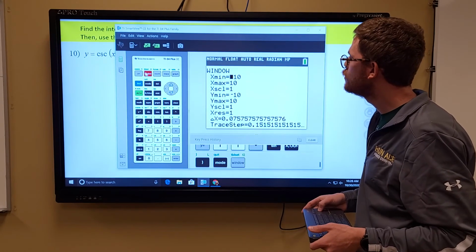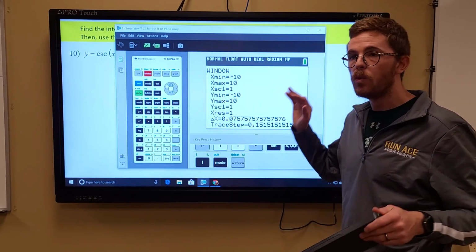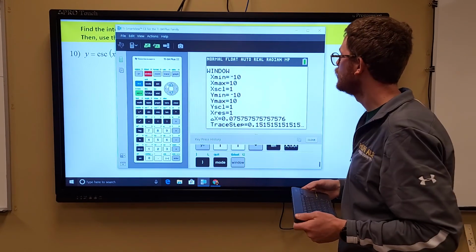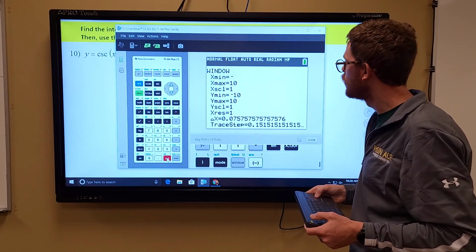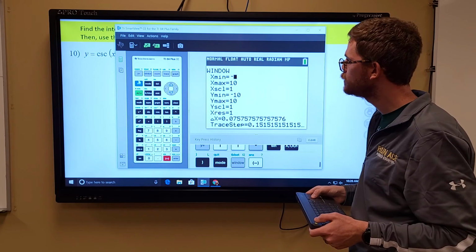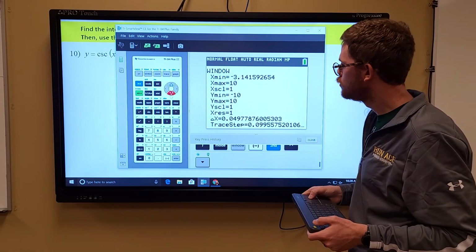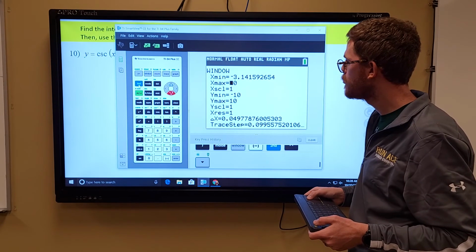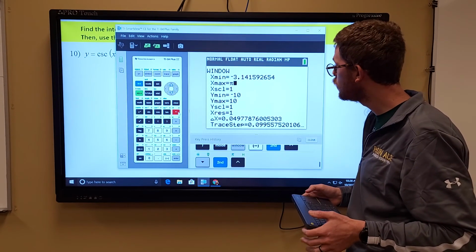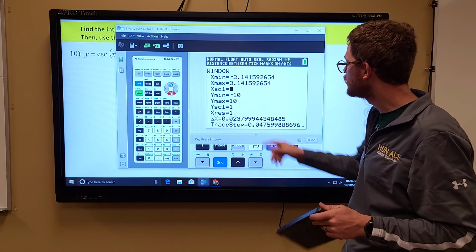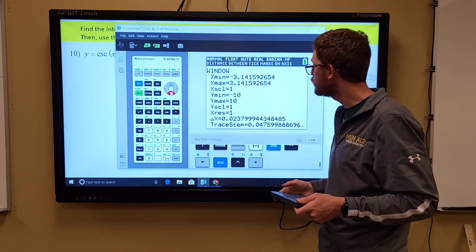And I am going to just go ahead and make this window exactly what we want. We want to go from negative pi to positive pi in our x values. I want to show exactly what we were just looking at. The scale is what you're counting by.